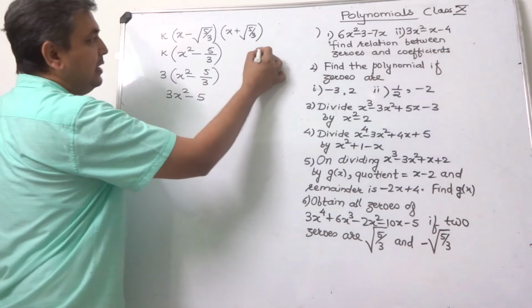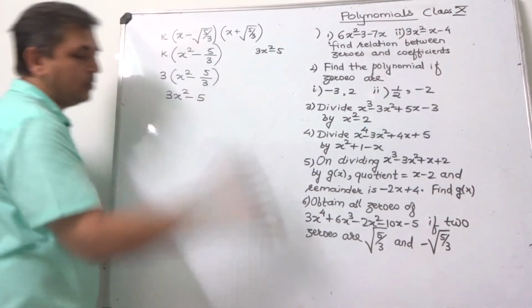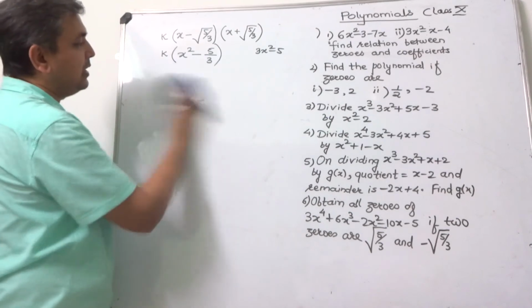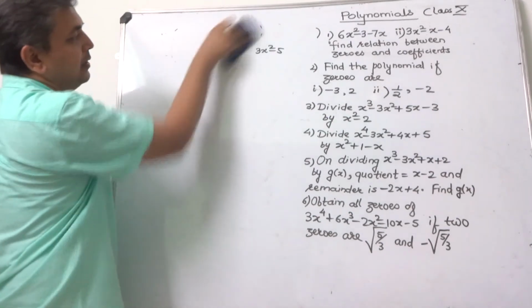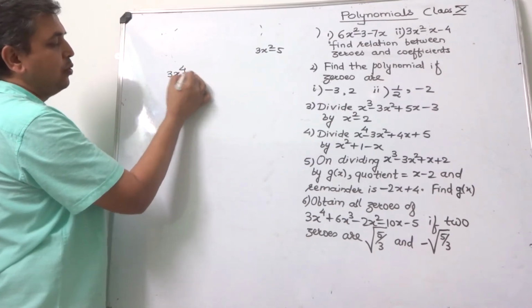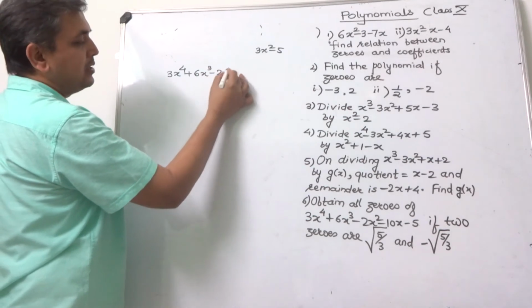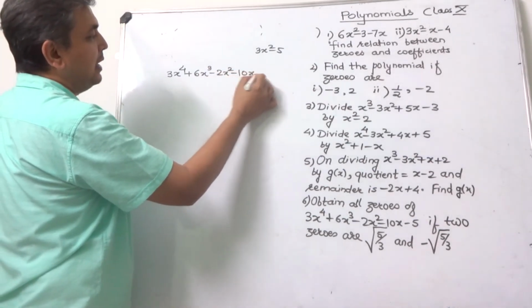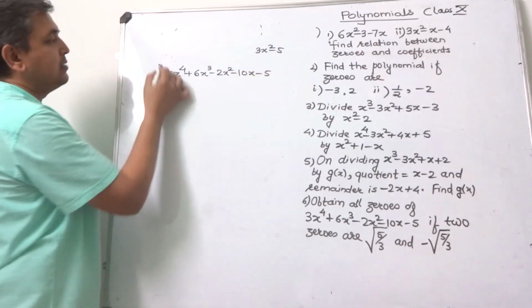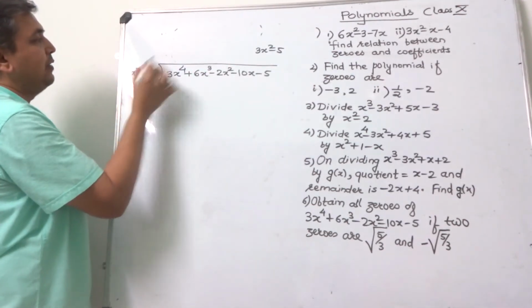So I write this 3x square minus 5 part, and now I rub out this portion so that I get the space for division. What I have to do is 3x raised to 4 plus 6x cube minus 2x square minus 10x minus 5 divided by 3x square minus 5.